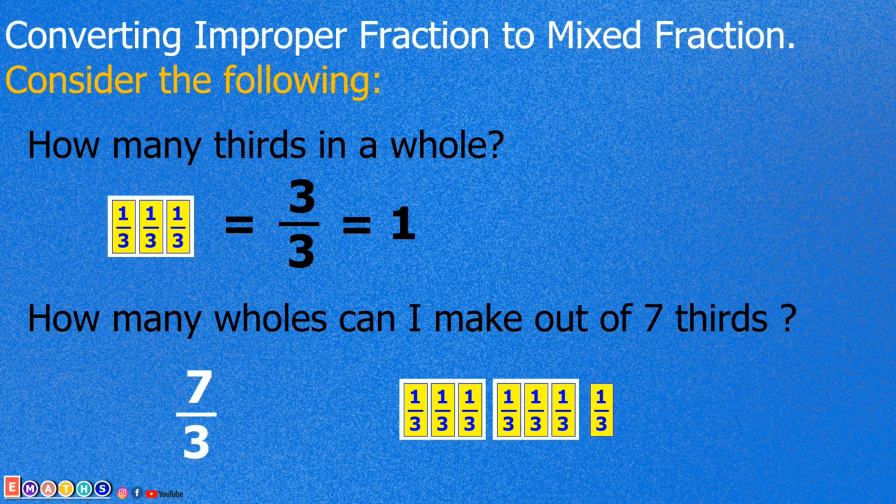Another 3 thirds makes up another 1 whole. Therefore, we say 7 thirds makes up 2 wholes and 1 third.